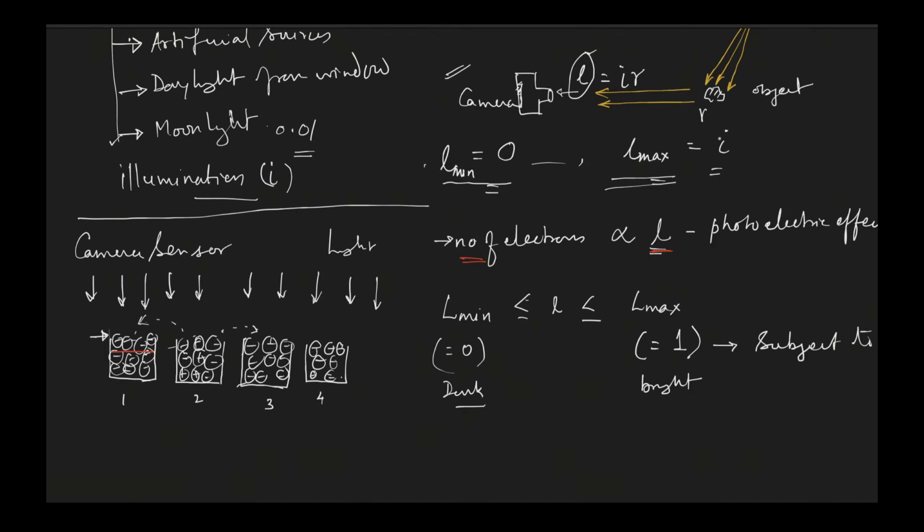But I'm focusing on this. I would say that L minimum is 0. L maximum depends on the size of the photodiode used in the camera sensors. If the number of diodes is large, the diodes are smaller. If the numbers are smaller, the diodes are larger. It affects resolution, further post-processing, cost, and marketing.